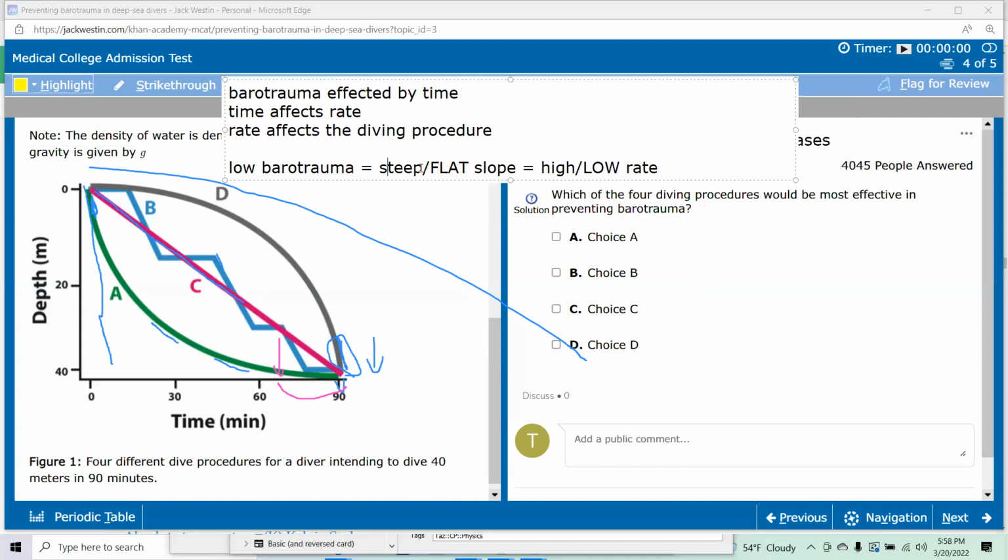You can use whatever words make sense to you. So I would say a low slope, and if it's a low slope, then it's a low rate. Now I have the logic chain that I need to answer this question, because I know which line experiences the least steep slopes.